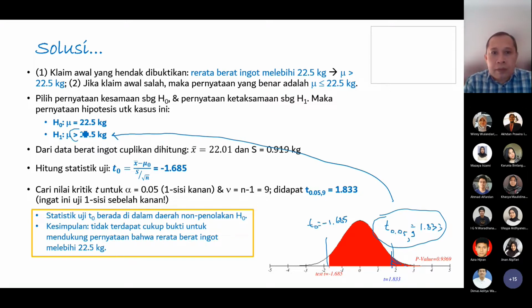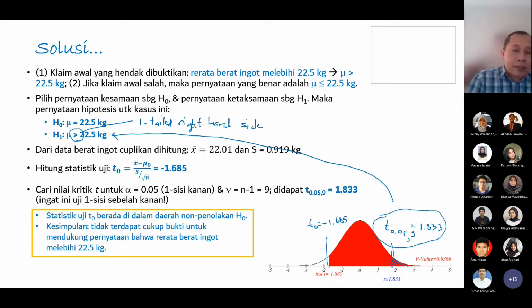Okay, so this is a one-tailed right-hand side test, meaning the rejection region is only one-sided and it is located on the right-hand side, not on the left-hand side.